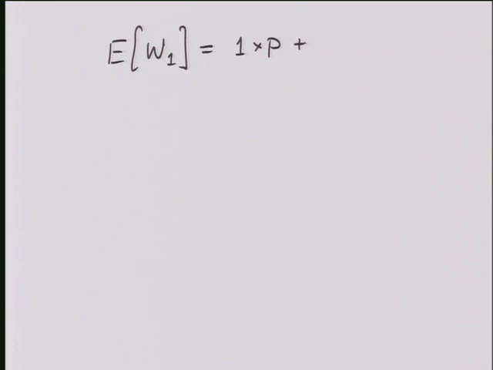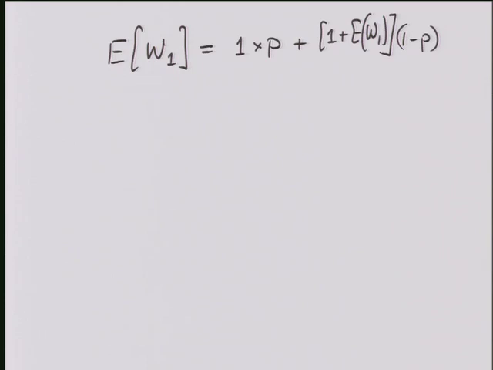So with probability 1 minus P, how long does it take you? Well, it already took you 1 turn. And how much longer do you have to wait? Expected value of W1, because you're starting from there. You already spent 1 turn, and now you have to wait expected value of W1 many steps.